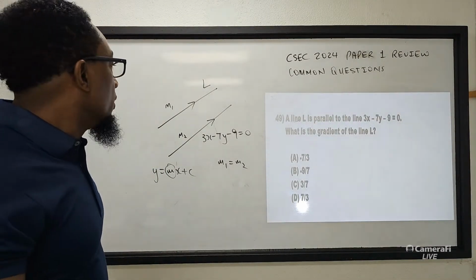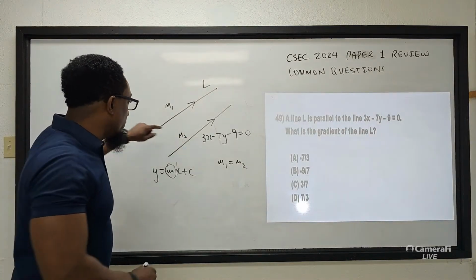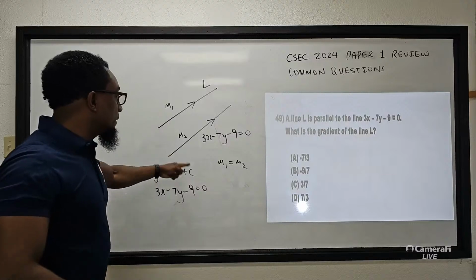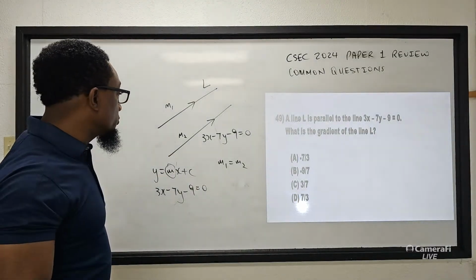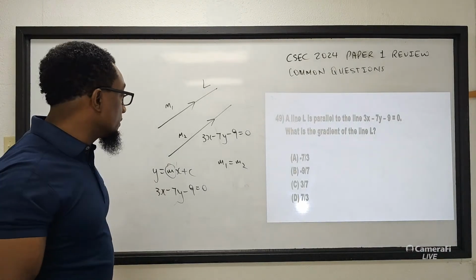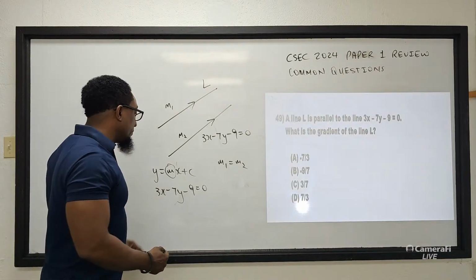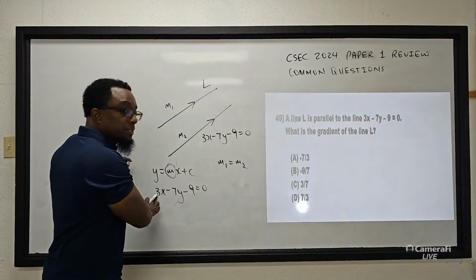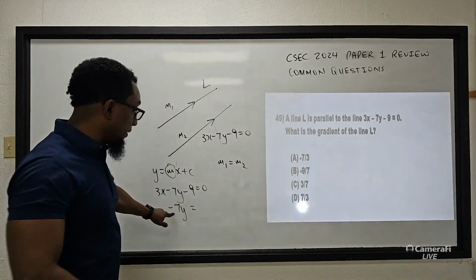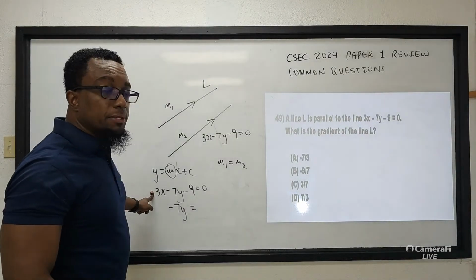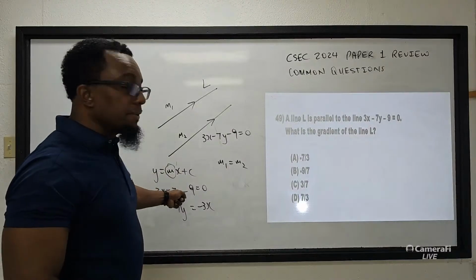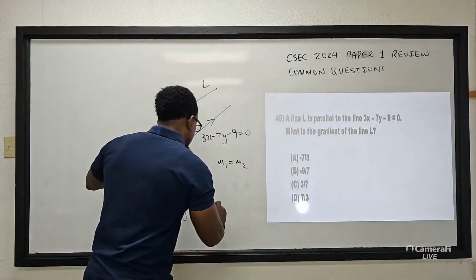So I need to make y the subject, and this is where your knowledge of transposition comes into play. I'm going to remove positive 3x and negative 9. So negative 7y equals: positive 3x comes across to the right as negative 3x, and negative 9 comes across to the right as positive 9.